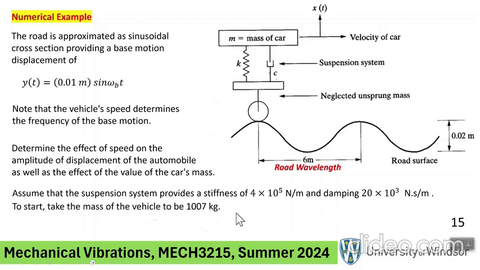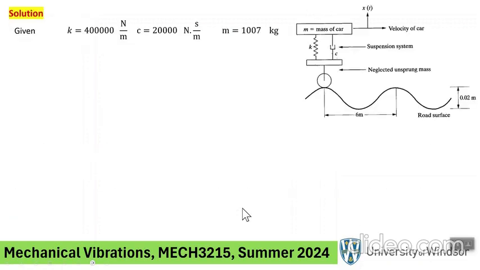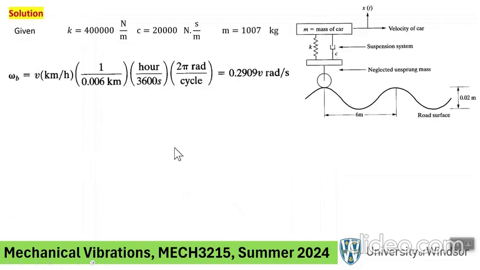Suppose the mass is known, and let's take a speed of, in general, V. We're given K, C, and M, and let's say the speed of the car is V. In a minute or so we will actually select the value for V, but for now let's assume it's V.